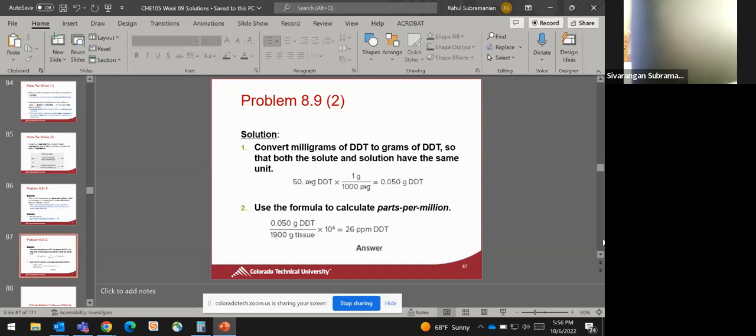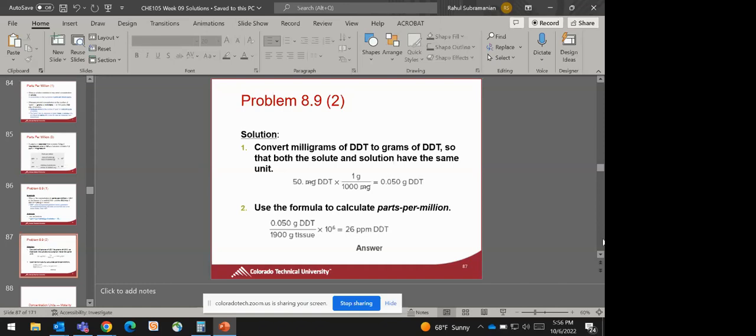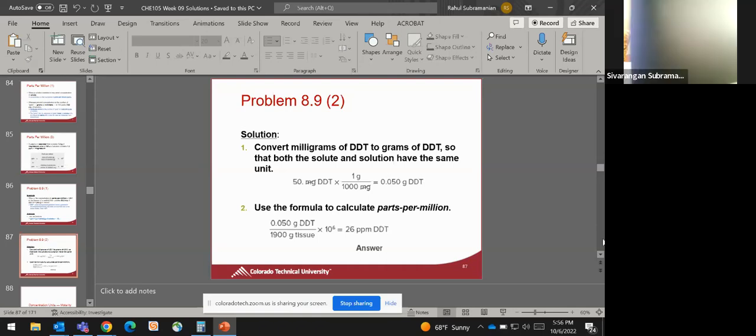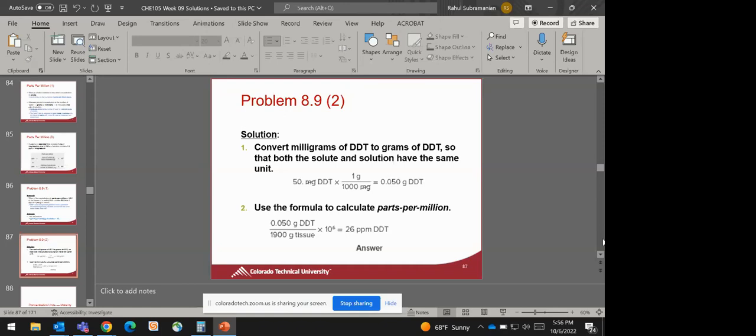Questions, concerns, confusion? No, I'm good. As you were explaining it though, your slide was on like the DDT thing. So I'm following along with the other PowerPoints. Oh no kidding. What do you see? I see problem 8.9 in parentheses 2.